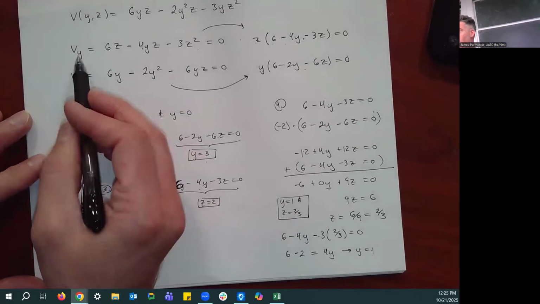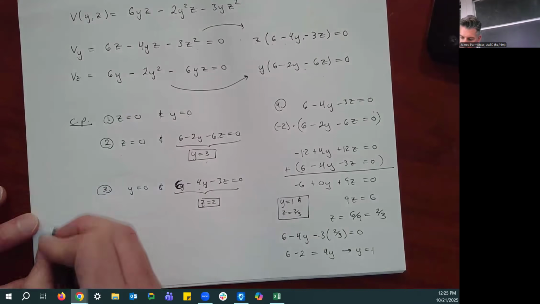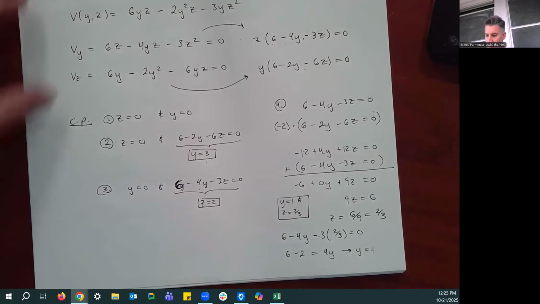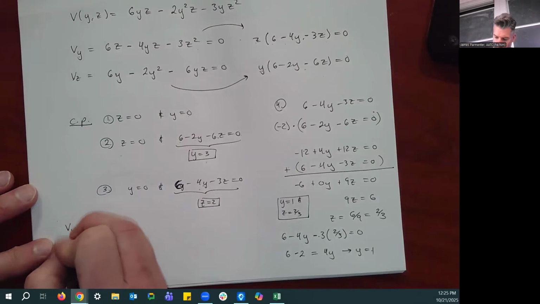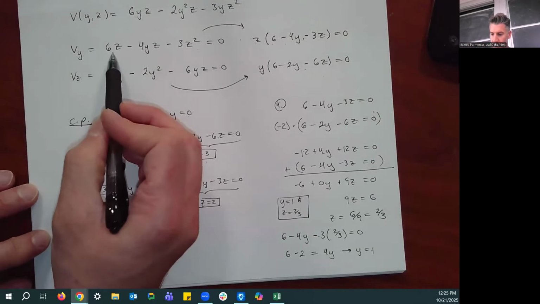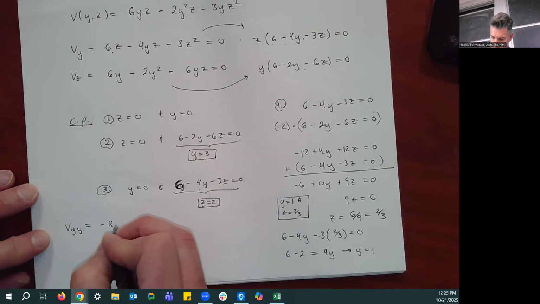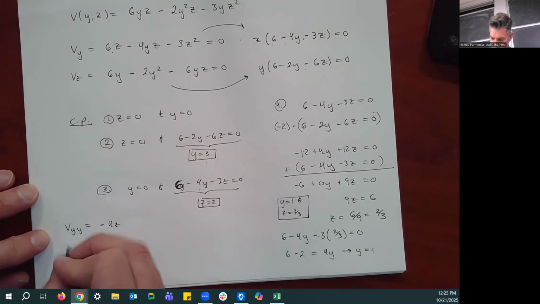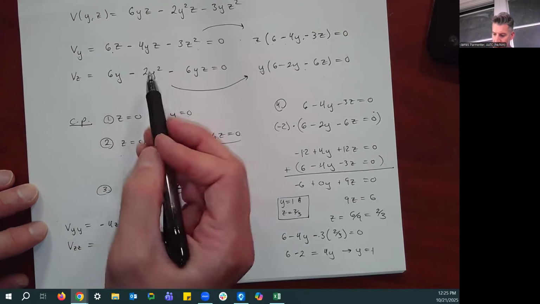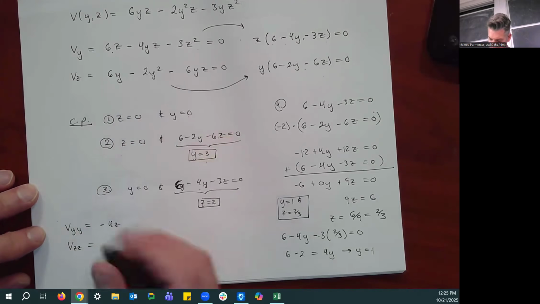So let's see. There's our Vy and our Vz. Vyy is going to equal 0 minus 4z minus 0. Vzz is going to equal 0 minus 0 minus 6y.